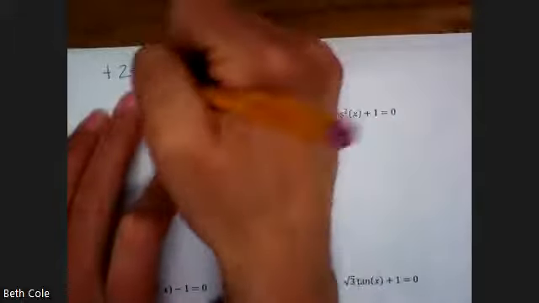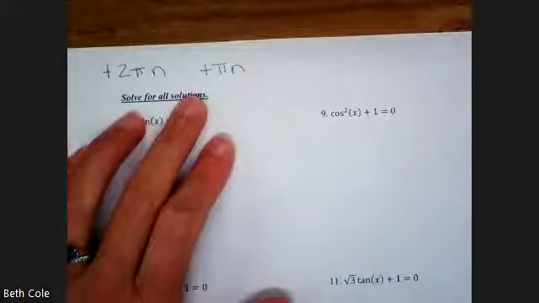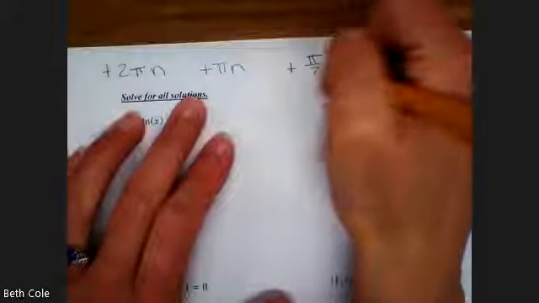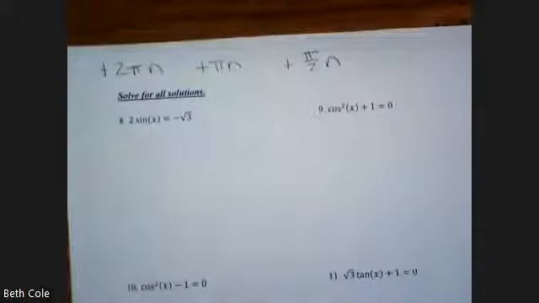So you're either going to add 2 pi n, that would be once around. You would add pi n, that's if you hit your answer every halfway around, or pi over 2 n, that's if you hit another answer every quarter of the way around. So you're just going to add one of those to your answer. That's the only difference. Everything else we did is the exact same.